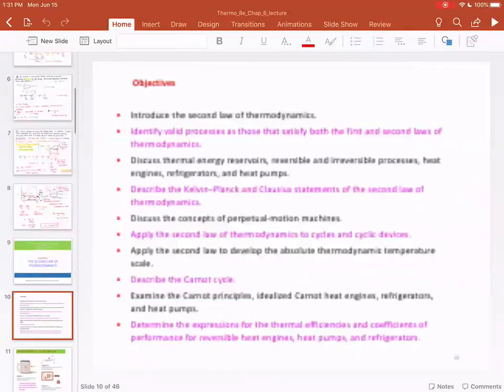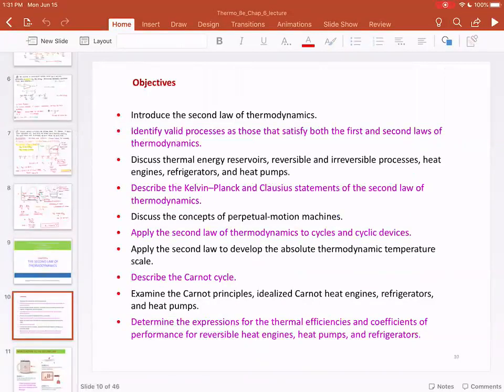So in the second law of thermodynamics, as you know, this second law came into existence to somehow overcome the limitations of the first law of thermodynamics. Second law of thermodynamics talks about the following important things. First and foremost, it talks about the quality of energy.